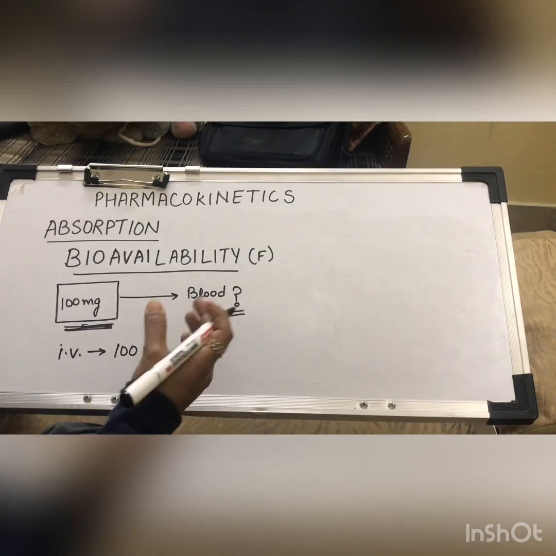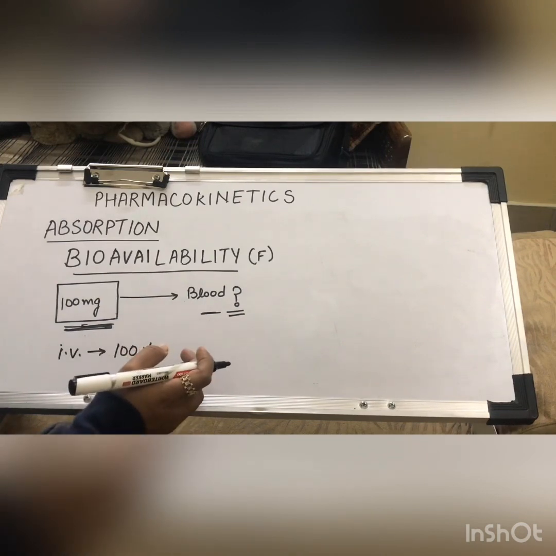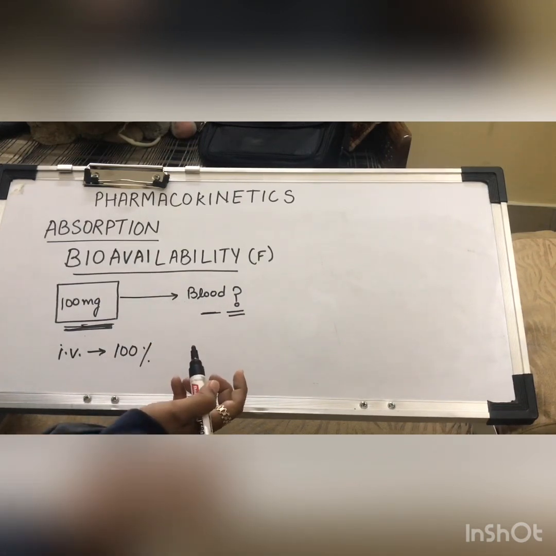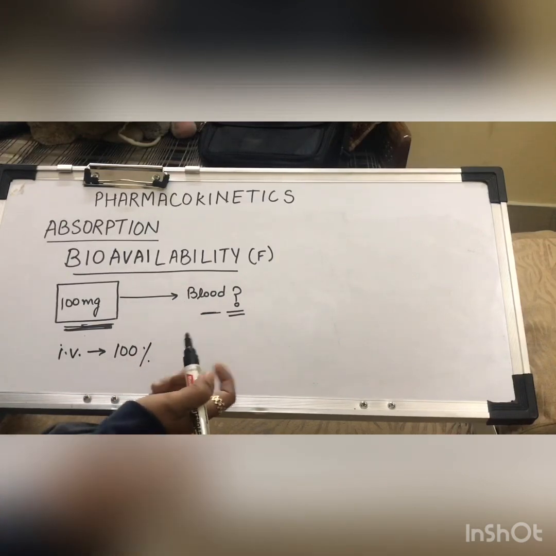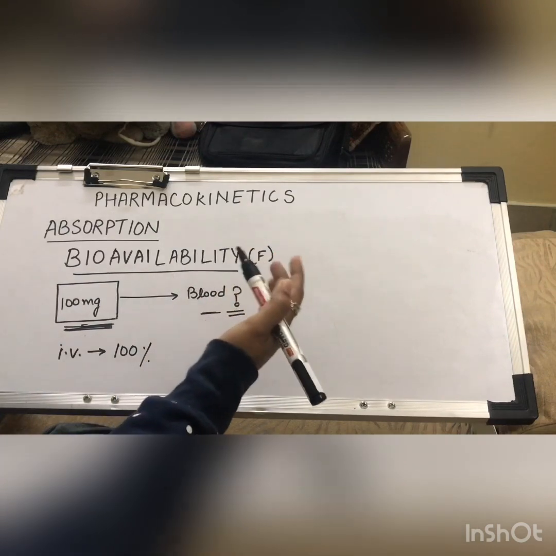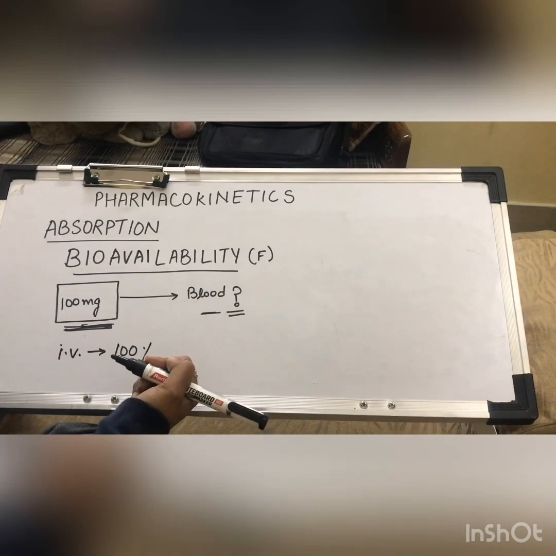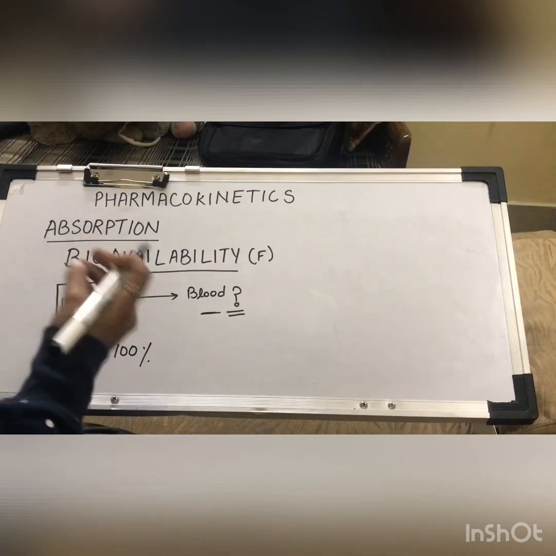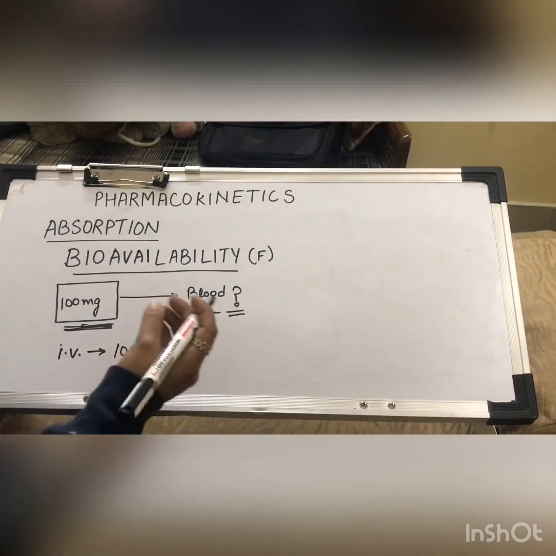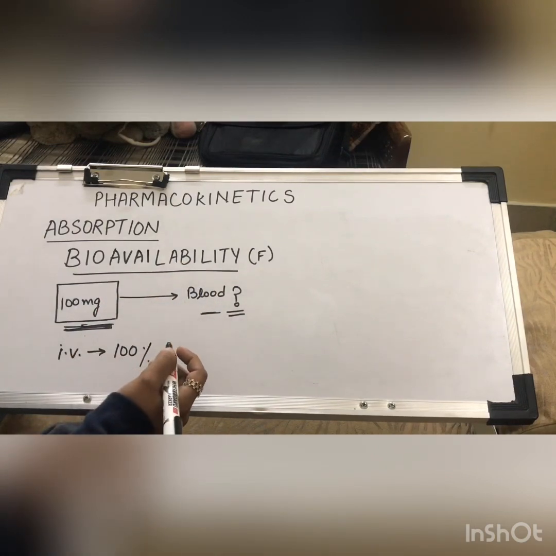But for other routes of administration, for example, oral route, it cannot be 100%, because it is possible that the drug is not completely absorbed, or it is undergoing first pass metabolism. And if you are giving a subcutaneous or intramuscular injection, it is possible that local binding of the drug is taking place and the whole of the drug is not getting absorbed into the systemic circulation.